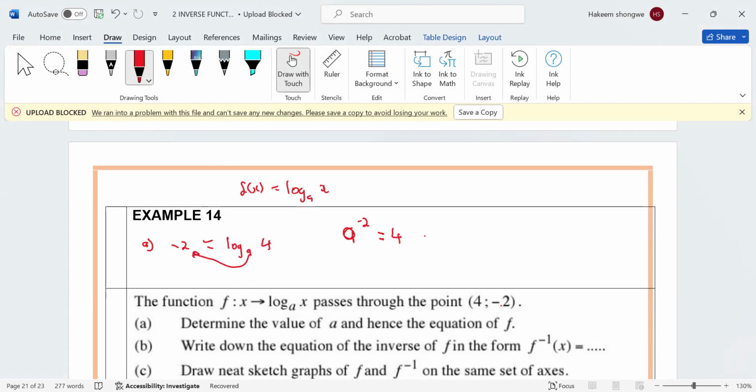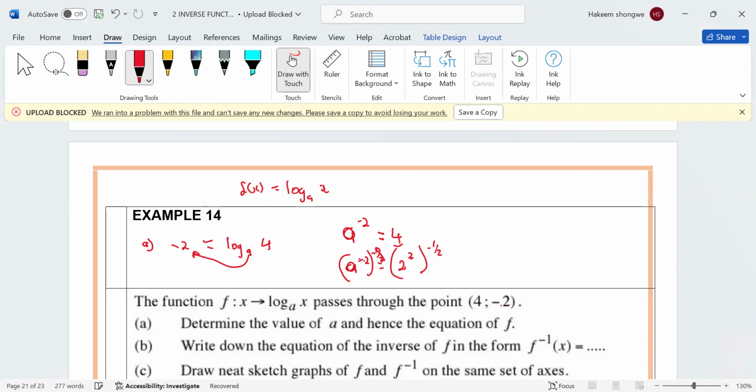Are we still fine? Yes. From here, you can change this one to a prime base again. If you change it to a prime base, we have A to the power minus 2 equal to 2 to the power of 2. The bases are not equal and the exponents are not equal, so let's multiply with the multiplicative inverse of the exponent, which is multiplied by minus 1 over 2 on both sides.